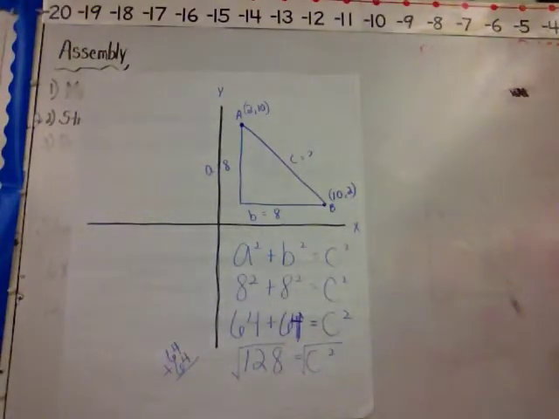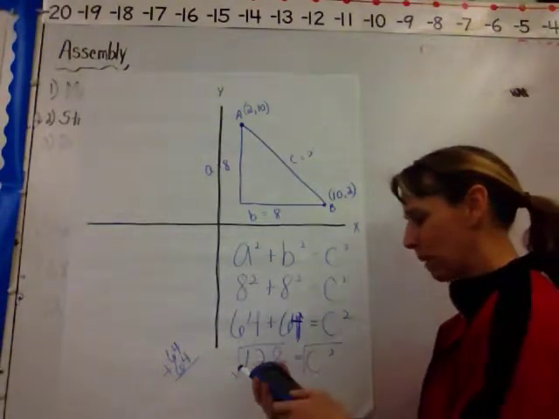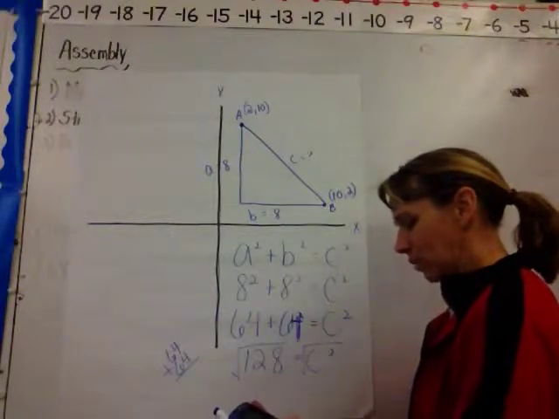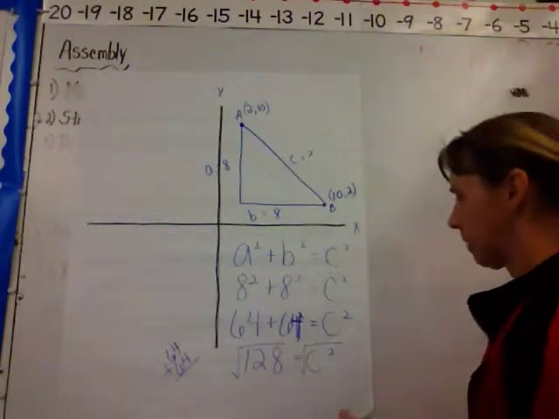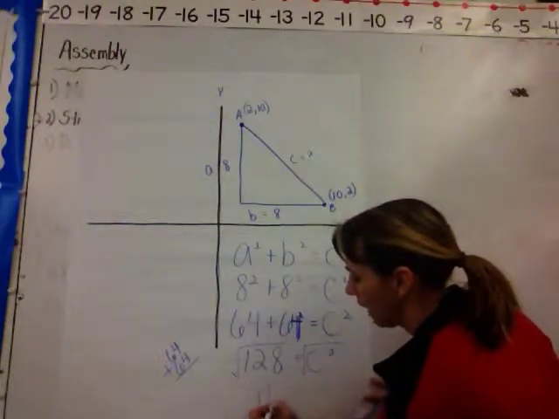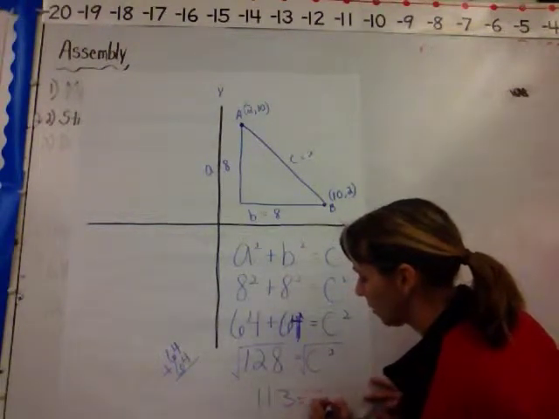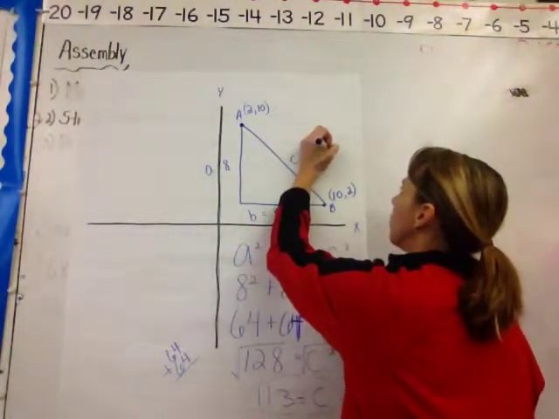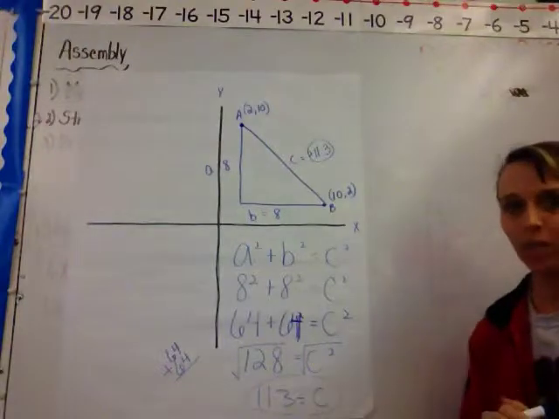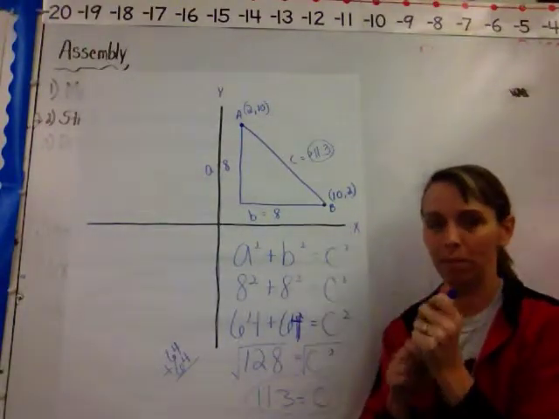And I do not know that one in my head because it's not a perfect square. But I hit second, x squared, 128, and enter. And I get 11.3. So 11.3 is equal to C. There we go. That's how you would solve it if you were given graph paper.